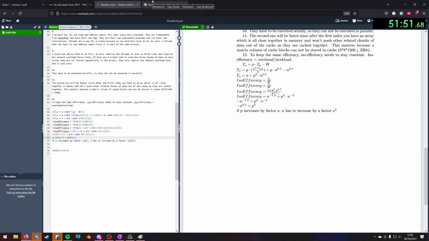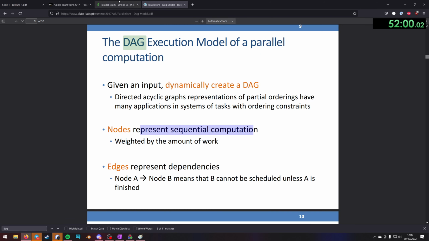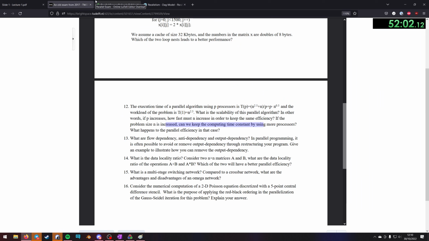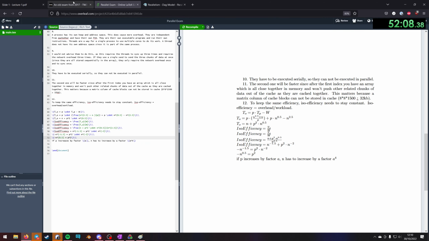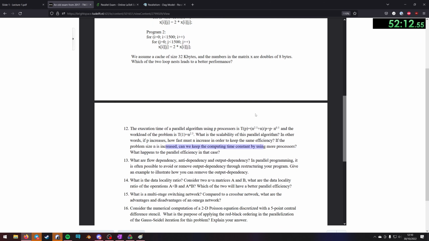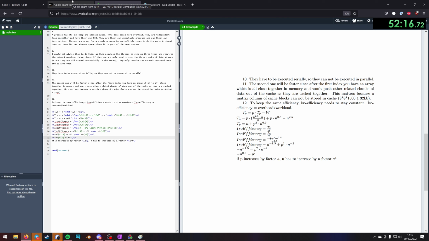So maybe we would just have to look at the T_P. Now it's asking to keep that constant, right? So we just look at that formula of T_P. If we say we keep T_P constant, just like we did with efficiency before.